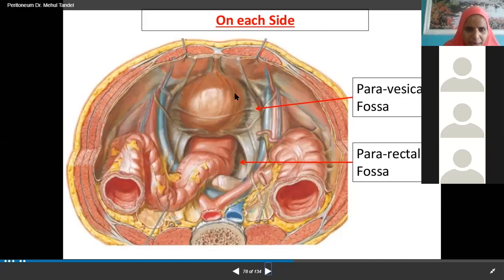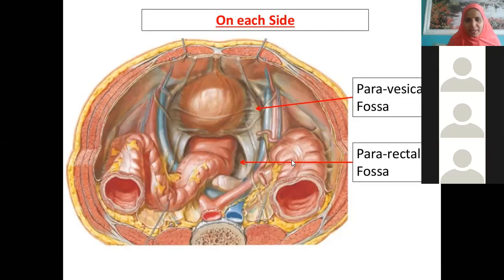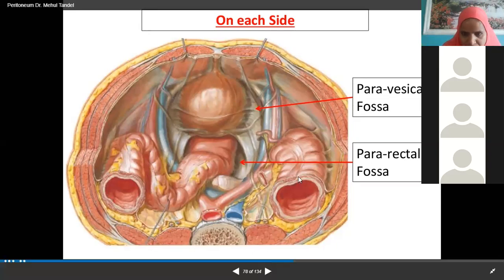Immediately behind the pubic symphysis you will find one bag. What is the name of this bag? Urinary bladder. Very good. You have taken the picture from above; this is the pelvic cavity. What is the name of this structure?